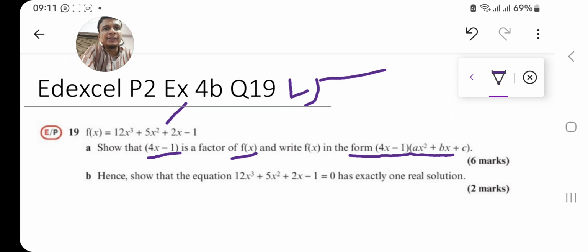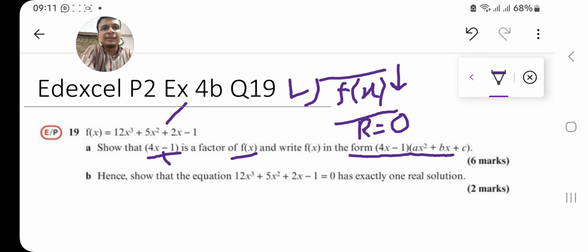If I divide the cubic by the linear, and after solving I get the remainder equal to 0, it means that 4x minus 1 is a factor of the given cubic function.